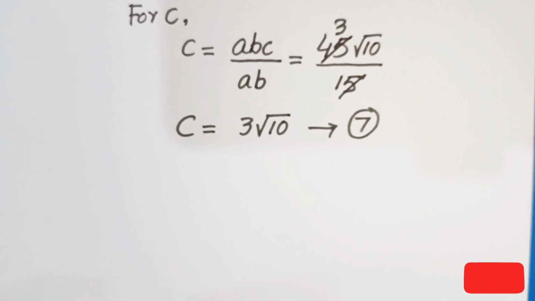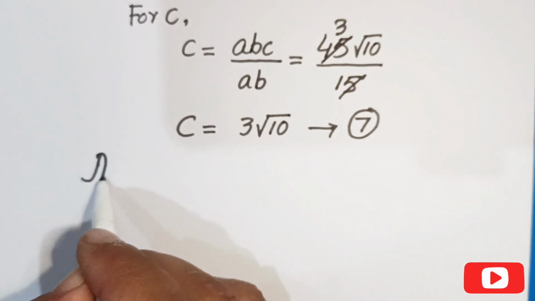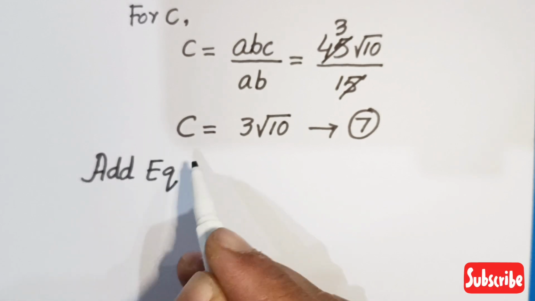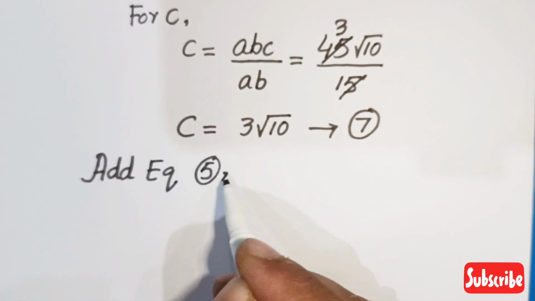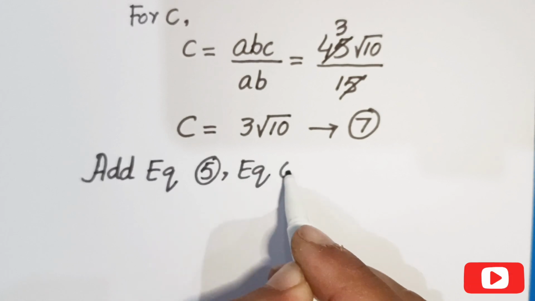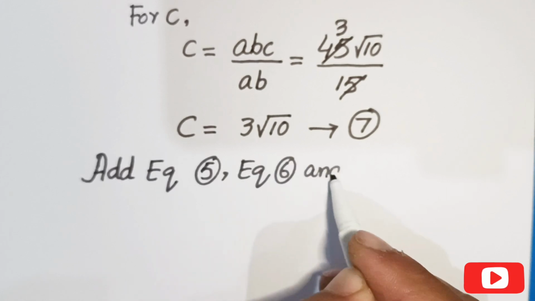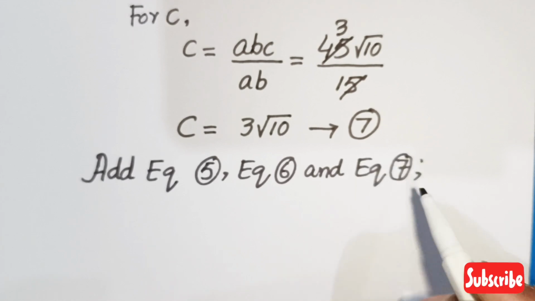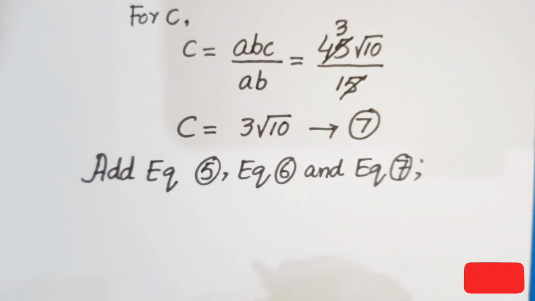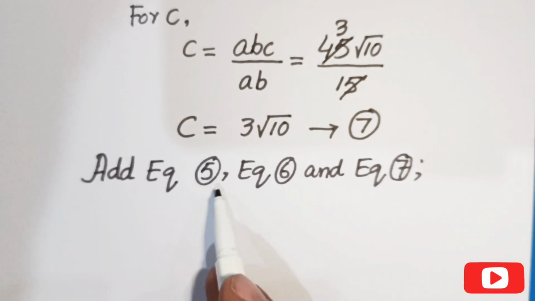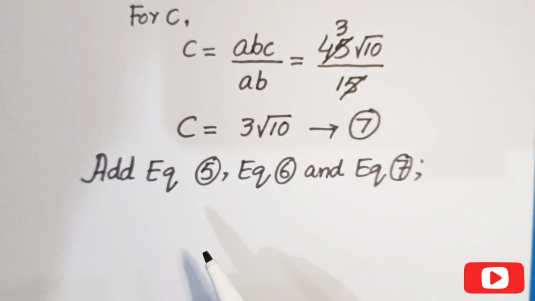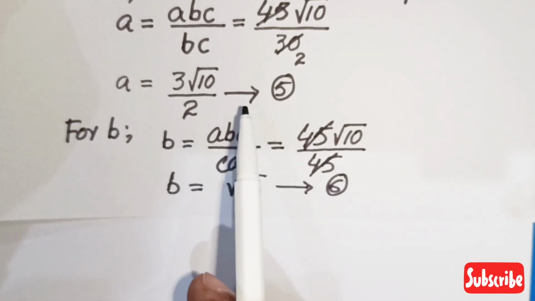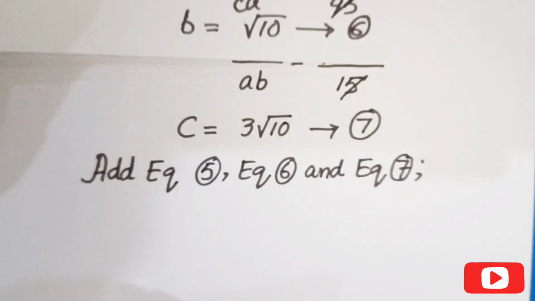Now we are going to add our equation number 5, equation number 6, and equation number 7. Now we write equations 5, 6, and 7. Equation 5 is written with left hand side a, and right hand side 3 times square root of 10 over 2.